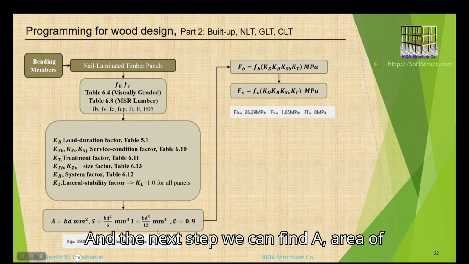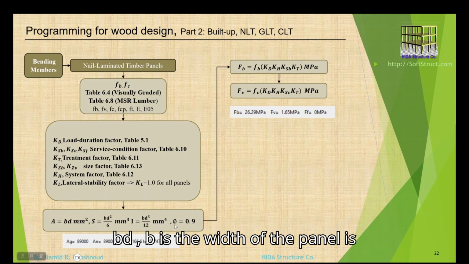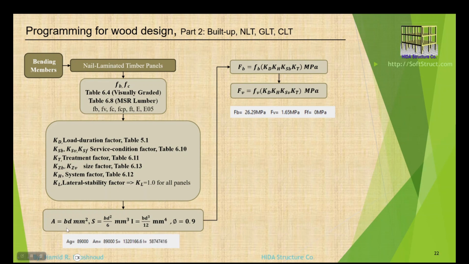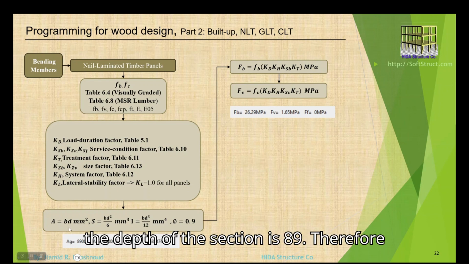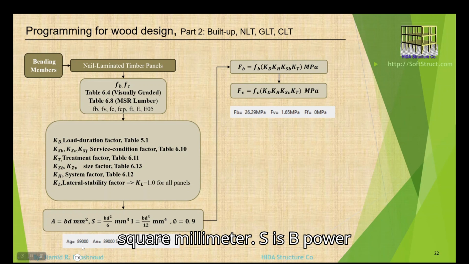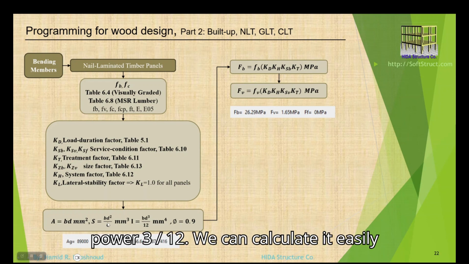In the next step, we can find the area of the section. A is equal to BD, where B is the width of the panel, 1000 millimeter or 1 meter, multiplied by the depth of the section, 89. Therefore, the AG is 89,000 square millimeter. S is BD power 2 over 6, and I is BD power 3 over 12. We can calculate it easily.